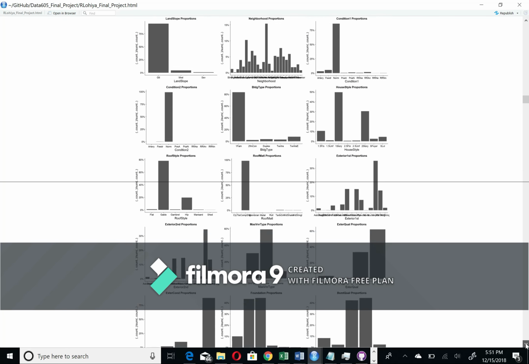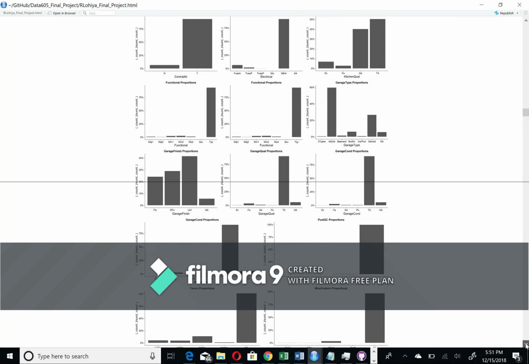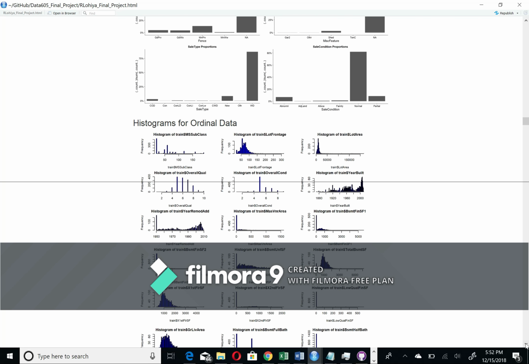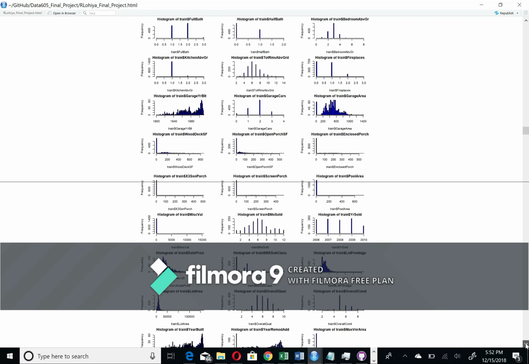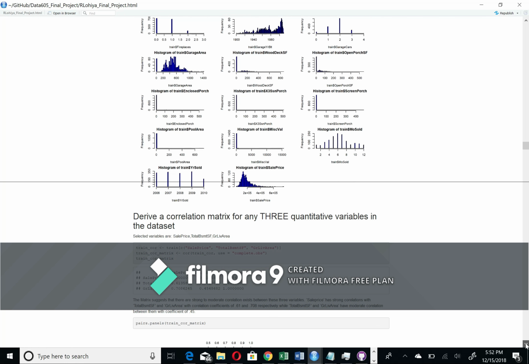Then I did some histograms for ordinal data to understand the spread of the data. So here are my histograms.